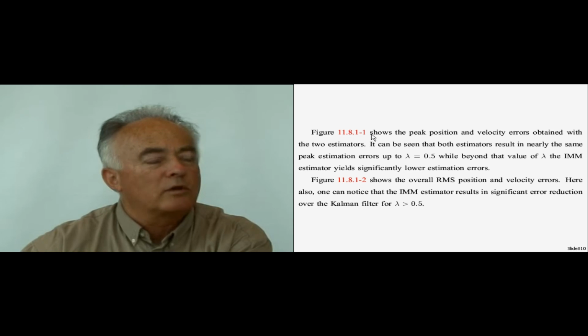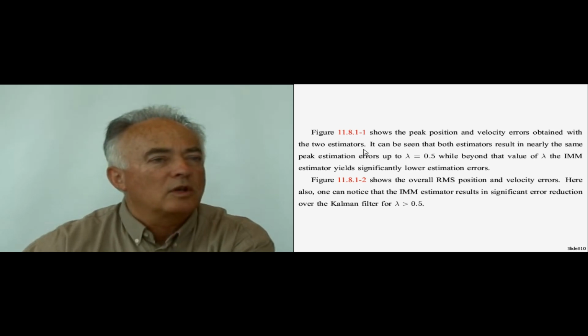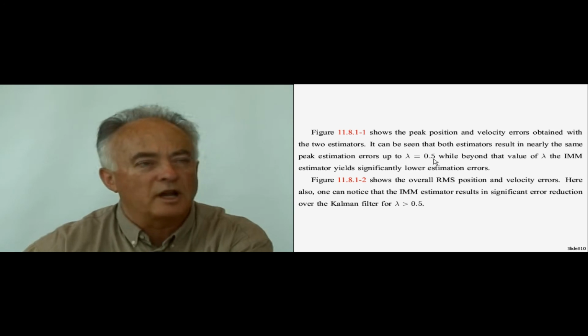We have, in a figure coming up in a moment, the peak position and velocity errors obtained with the 2 estimators. It seems very clear that both estimators provide the same peak estimation errors up to lambda equal 0.5. This is the high lambda.